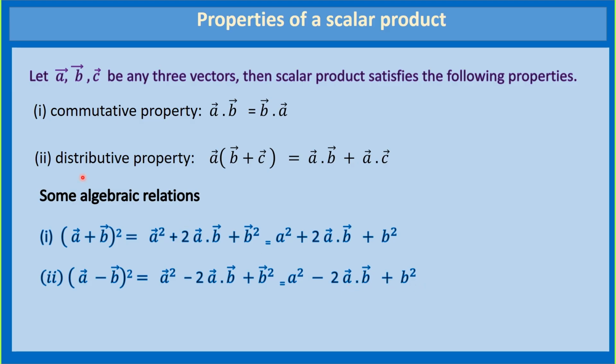And the third one is when we multiply the sum of vector A and vector B with the difference of vector A and B, the product is equal to A square minus B square. The vector follows some algebraic relations and some other relations that we discussed here in this chapter.